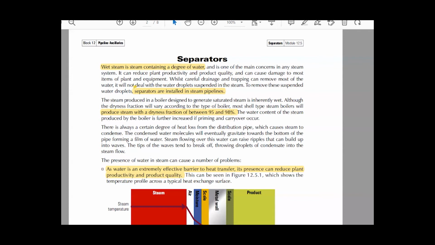The separator's main function is to remove the water droplets entrained in steam to increase its efficiency. In steam, there are many problems when water droplets are entrained: it becomes wet steam.